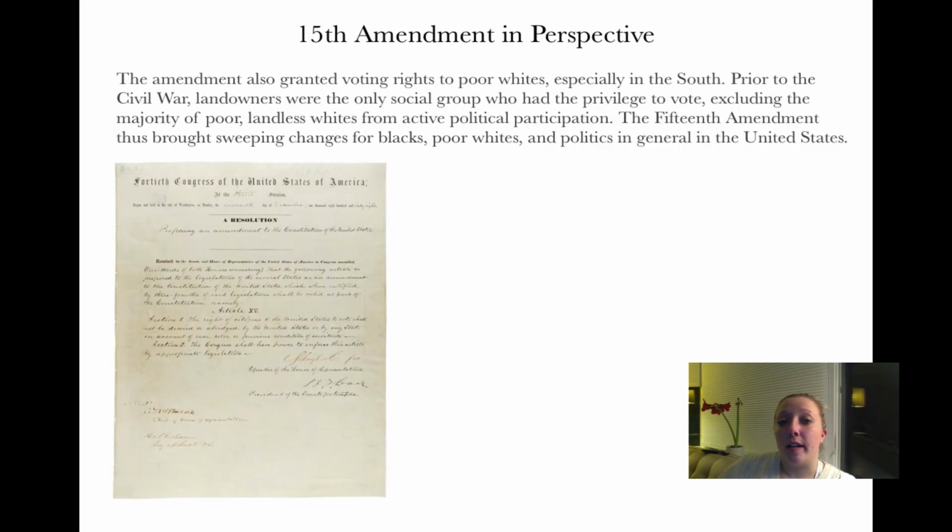The amendment also granted voting rights to poor whites, especially in the South. Prior to the Civil War, landowners were the only social group who had the privilege to vote, excluding the majority of poor, landless whites from active political participation. The 15th Amendment thus brought sweeping changes for blacks, poor whites, and politics in general in the United States.